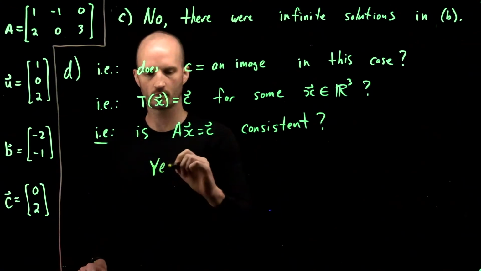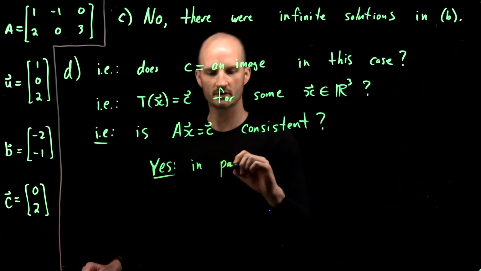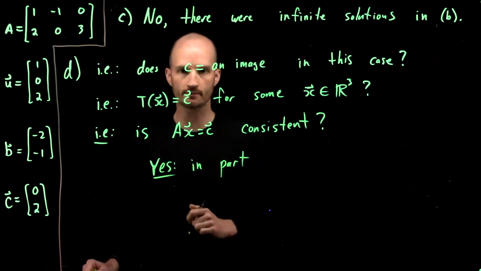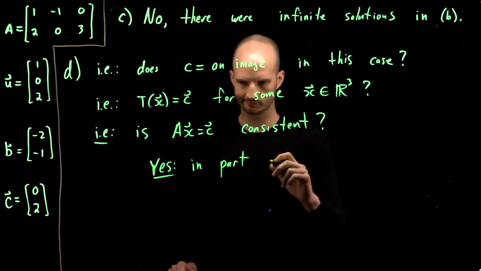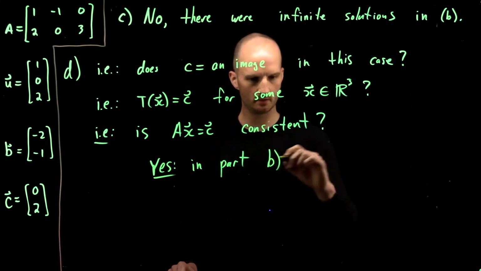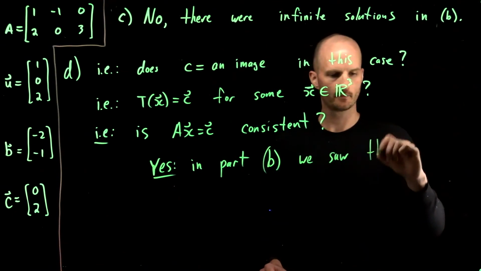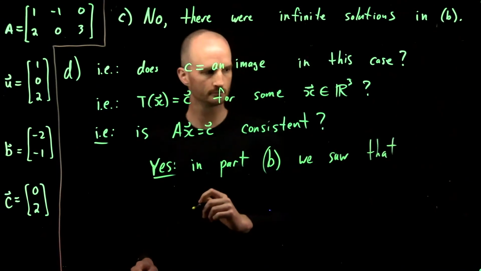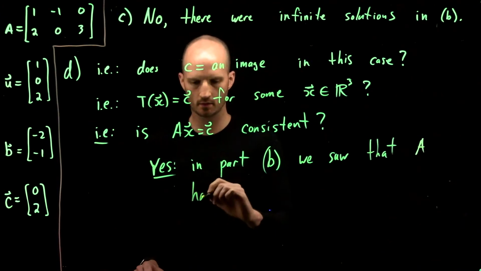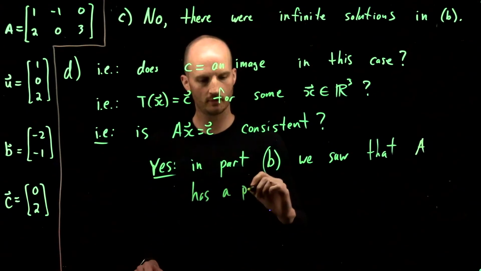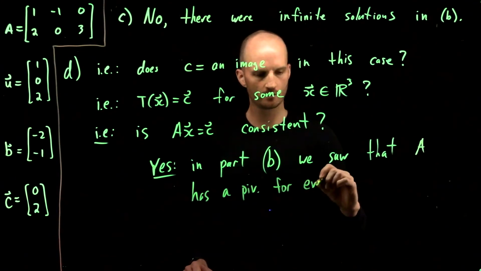Well, in part B, we saw that the matrix A on its own has a pivot for every row.